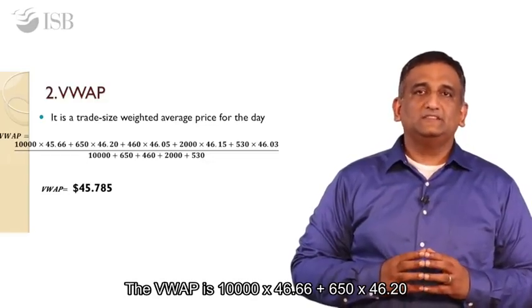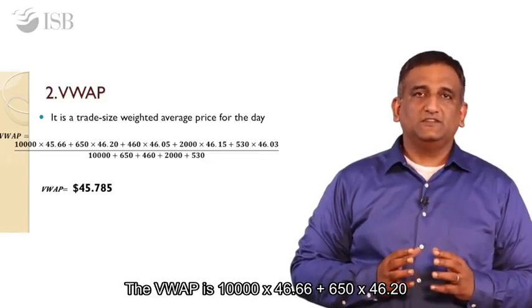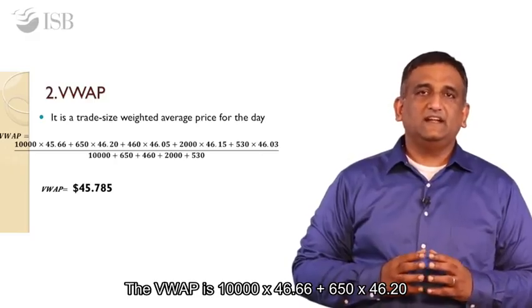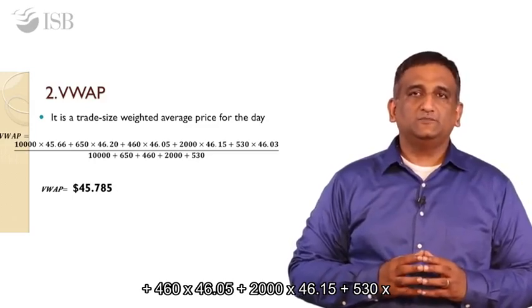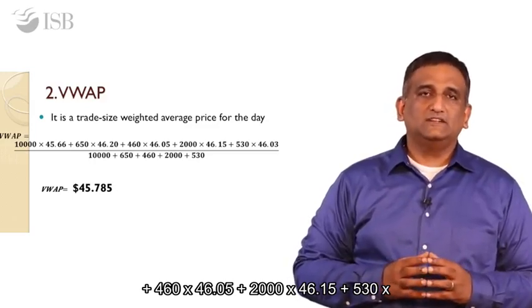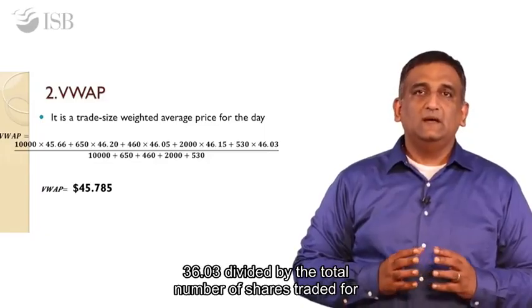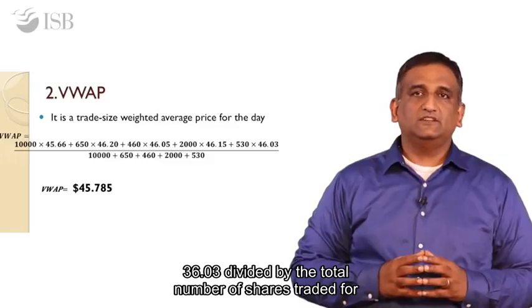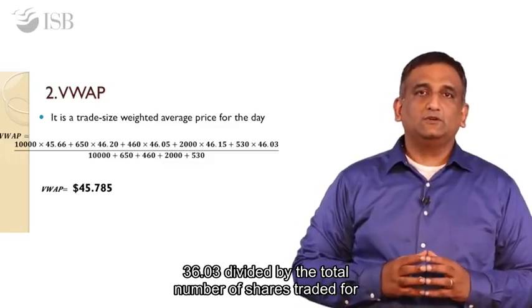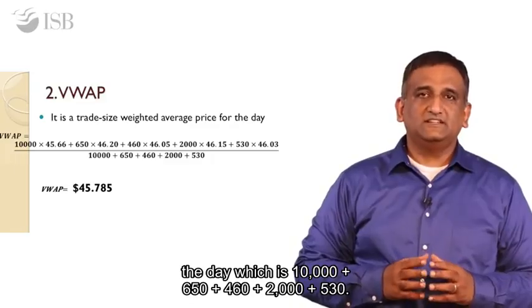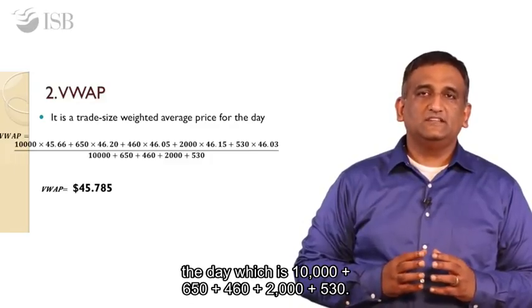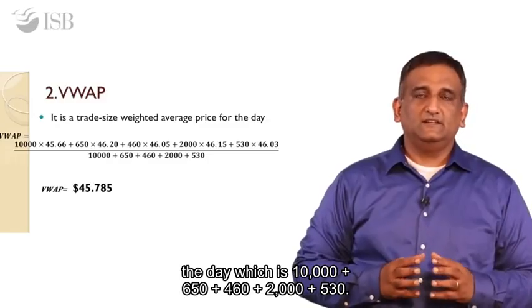The VWAP is 10,000 times 45.66 plus 650 times 46.20 plus 460 times 46.05 plus 2000 times 46.15 plus 530 times 46.03, divided by the total number of shares traded for the day, which is 10,000 plus 650 plus 460 plus 2000 plus 530.